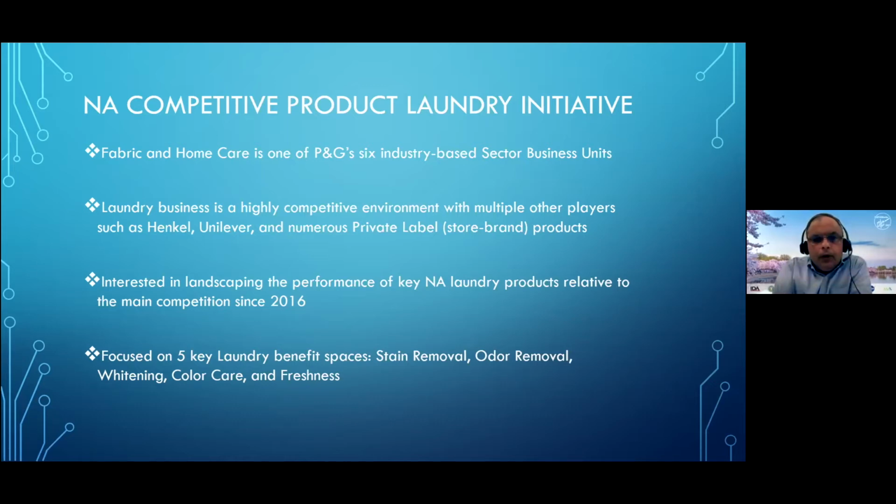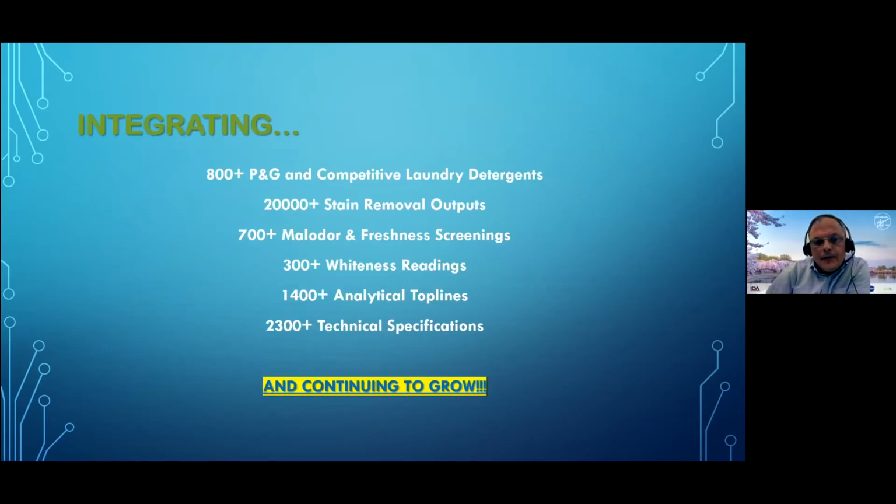When we talk about the laundry initiative and the laundry business in general, there are several benefits that laundry provides. The key ones that we focus on in this initiative are stain removal, malodor removal, whitening, color care, and freshness. As part of this initiative, we collect a lot of data that inform us about those benefits. This slide is a little old.